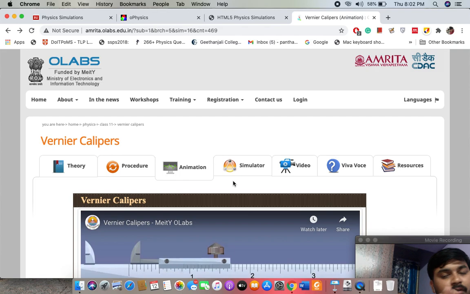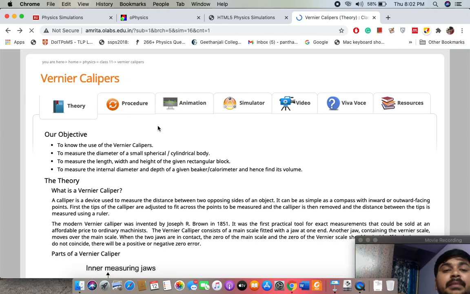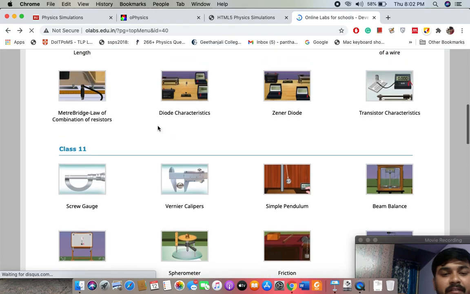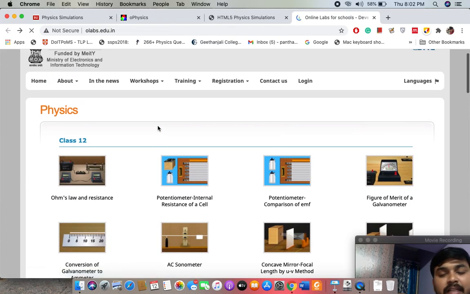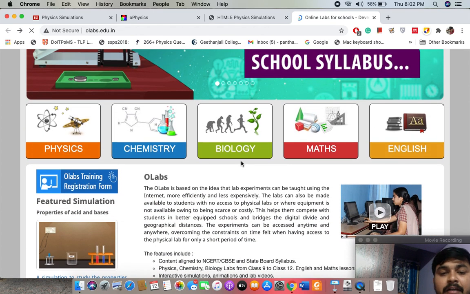Of course, the remaining subjects' labs are also available, but this website is for the experimental part. In all the previous websites theory animations are available, but in this website all experiment related animations are available.